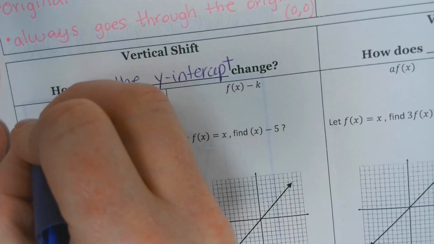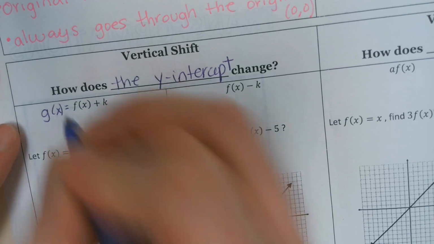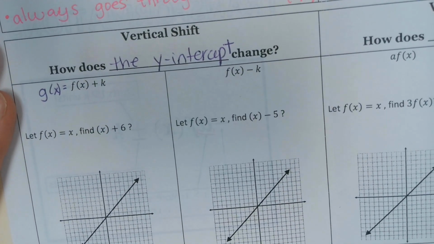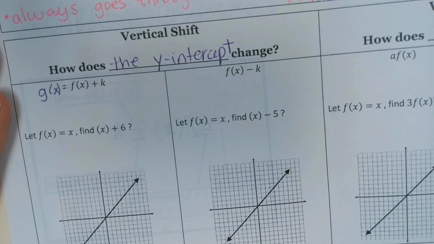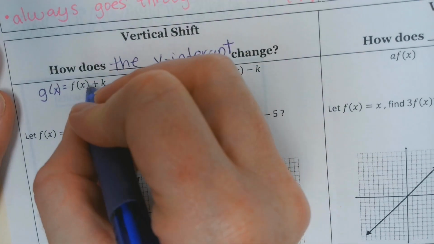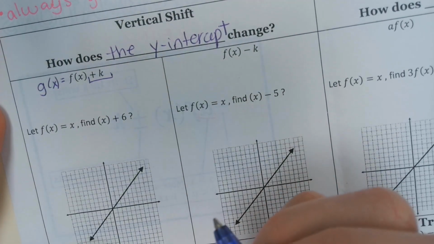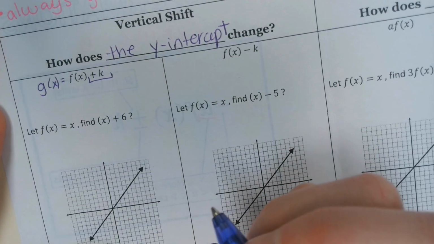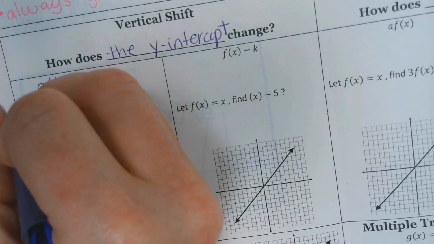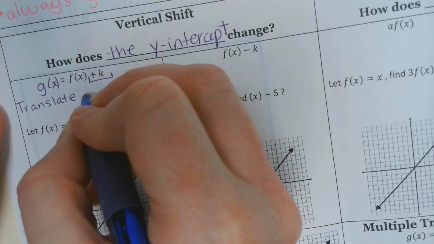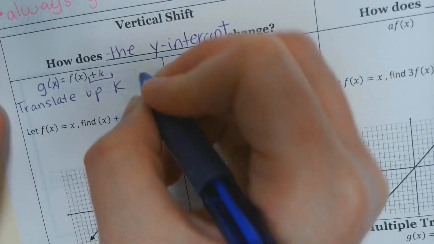So we are going to write this as g of x equals f of x plus k. So this plus k is going to translate it up whatever the k is. k could be 5, k could be 10, whatever it is. So translate up k units.